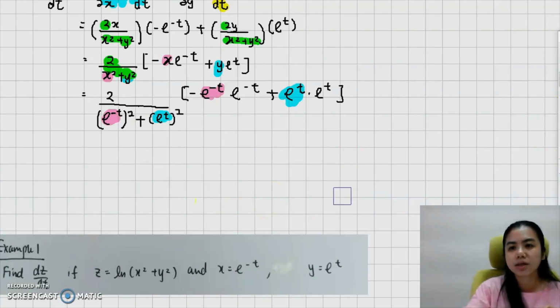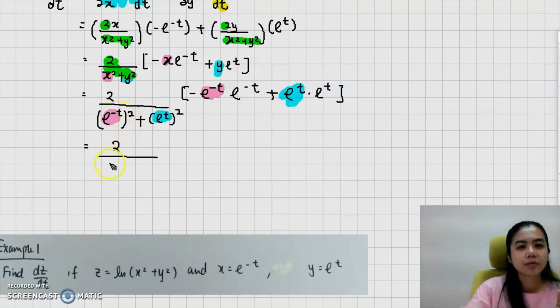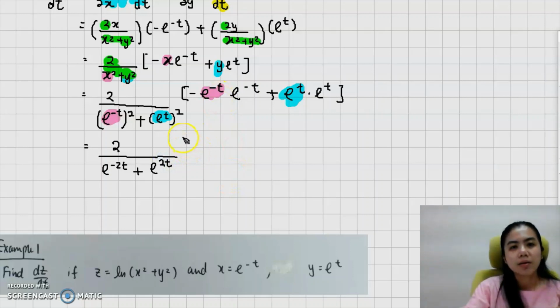All right, let's just simplify it. So we have 2 over. This one you can multiply. If you multiply, you have e to the minus 2t, multiply, you will have e to the 2t. How about here? We have minus, but in here it is a square. The indices you should multiply.